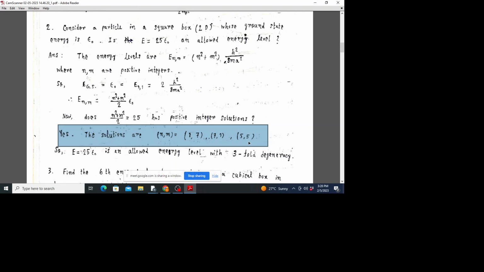Since we are getting at least one solution, that means E equal to 25 epsilon naught is an allowed energy level. Moreover, we are getting 3 solutions, so n,m has 3 defined values. That means this allowed energy level has 3-fold degeneracy. Not only is 25 epsilon naught an allowed energy level, but it has a 3-fold degeneracy.